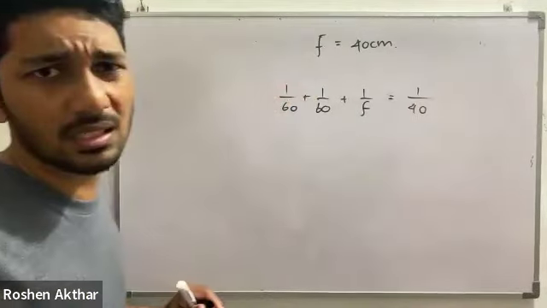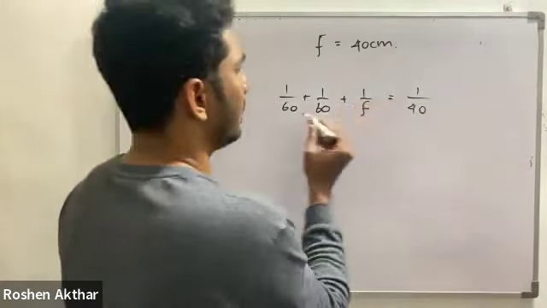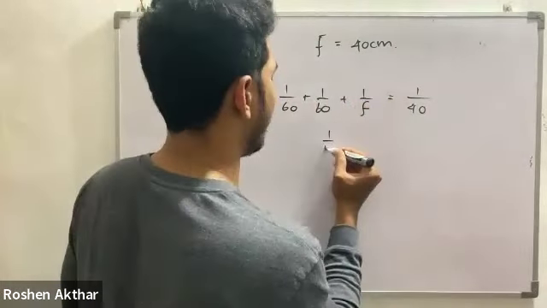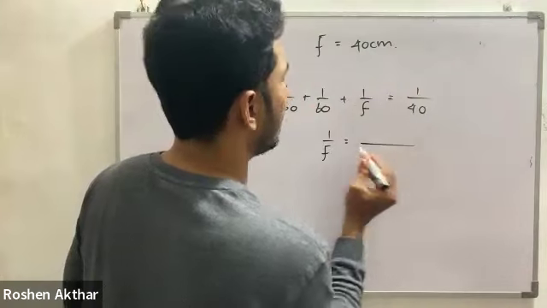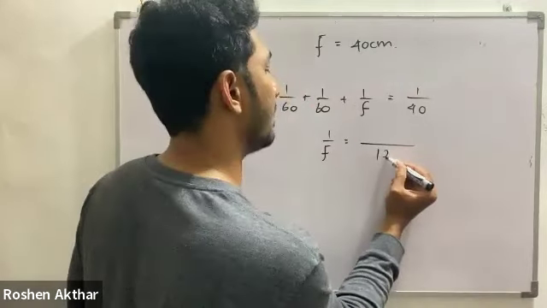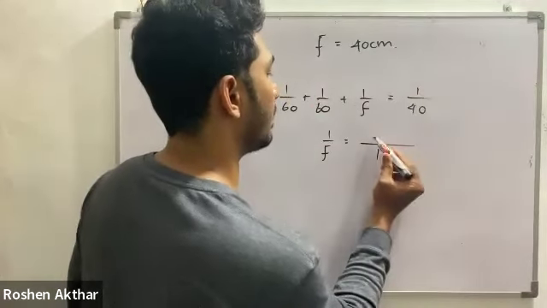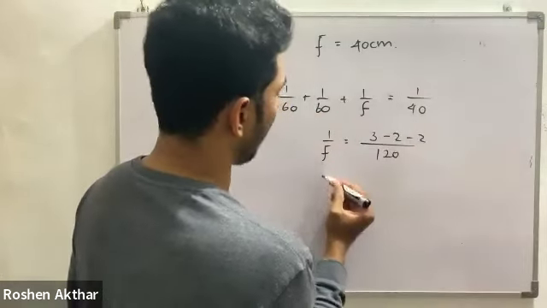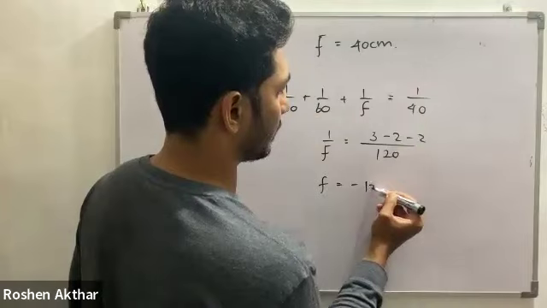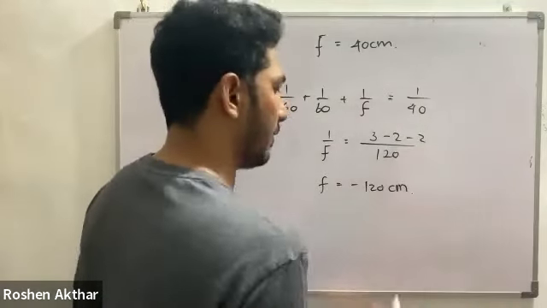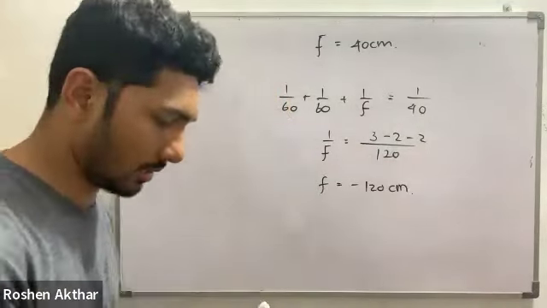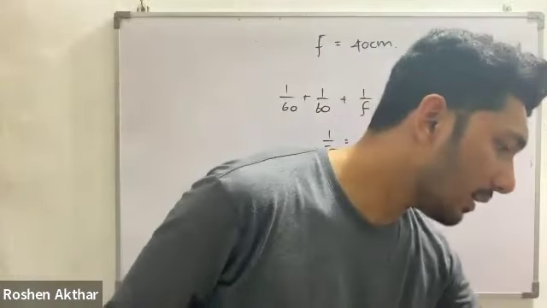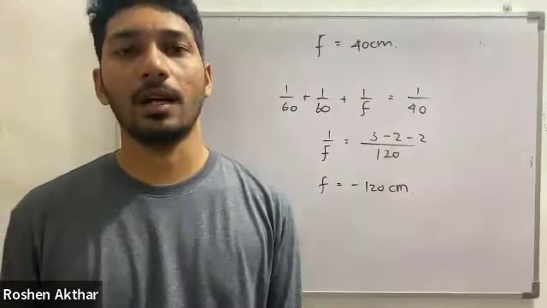Is it difficult? No, right? You take it to that side. 1 over f is equal to, you can take the LCM 120, this will be 3 minus 2 minus 2. So then f will be equal to minus 120 centimeter, which means concave. The answer is the fifth answer.